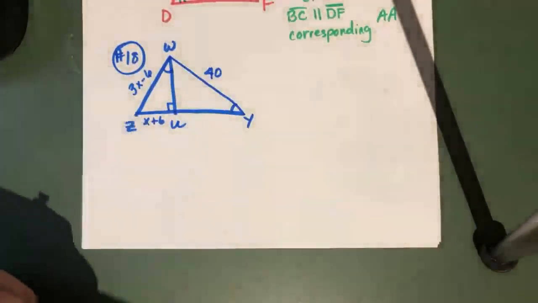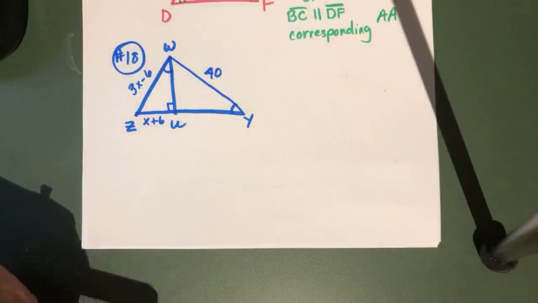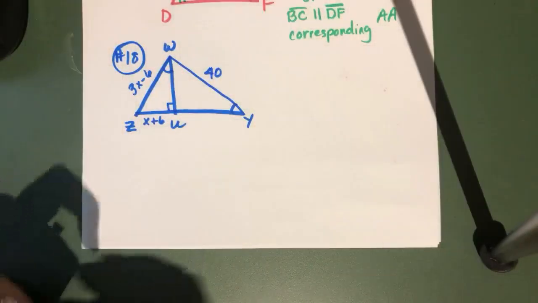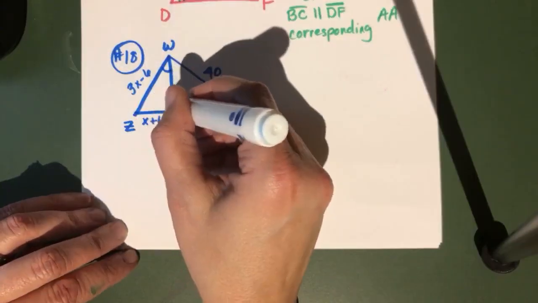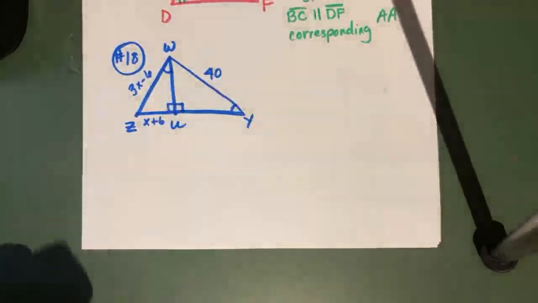Okay, so the first question is identify the similar triangles. Well, if that's a 90-degree angle, what's this? That's also 90, right? Okay.